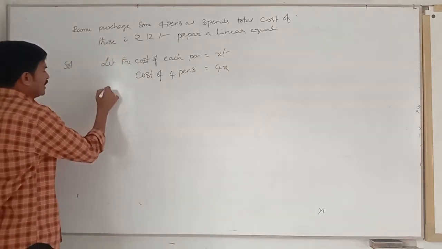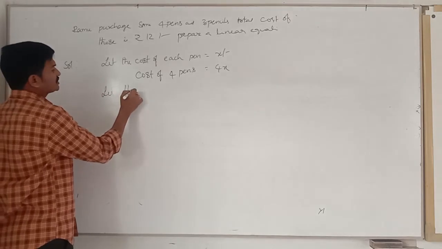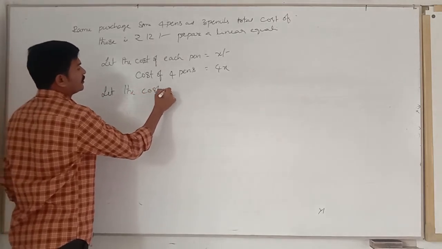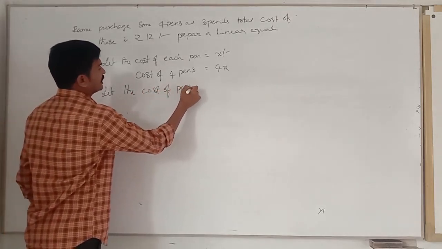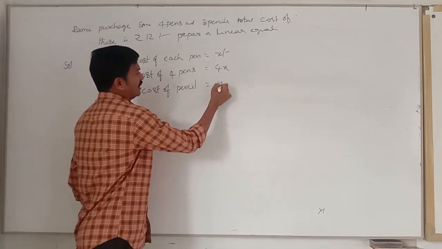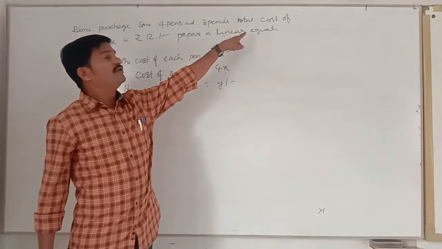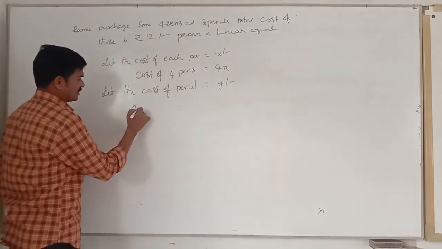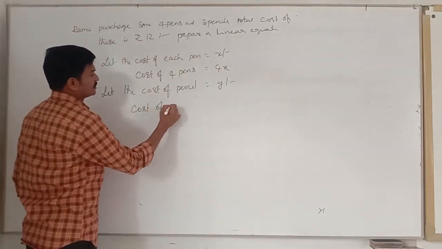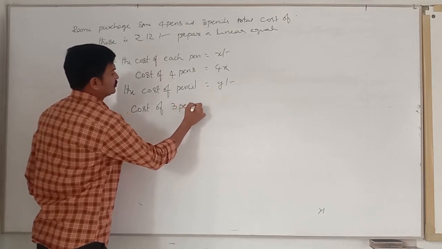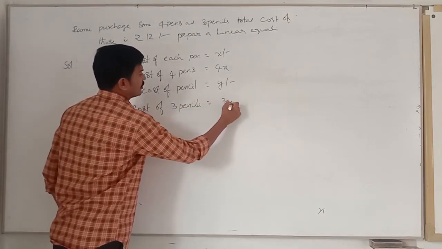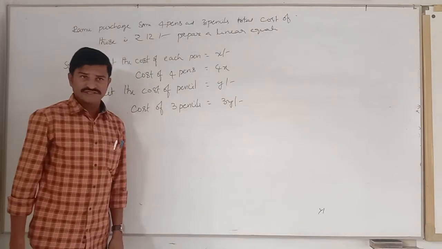Now again, let the cost of each pencil be Y rupees. How many pencils did he purchase? 3 pencils. So the cost of 3 pencils equals how much? 3Y rupees. Is it clear?